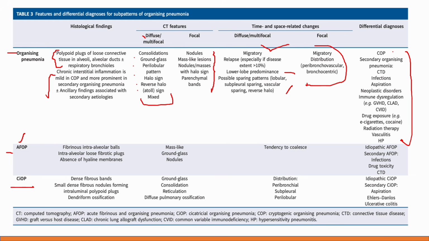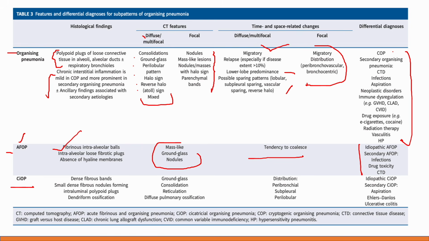Now here also a lot of these cases are secondary, but they can also be idiopathic, and you can get mass-like ground glass nodules here with a tendency to coalesce. And here, these patchy mass-like lesions or ground glass opacities on imaging correspond to intraalveolar fibrinous balls. So, intraalveolar fibrin forming balls within the histology of organizing pneumonia.